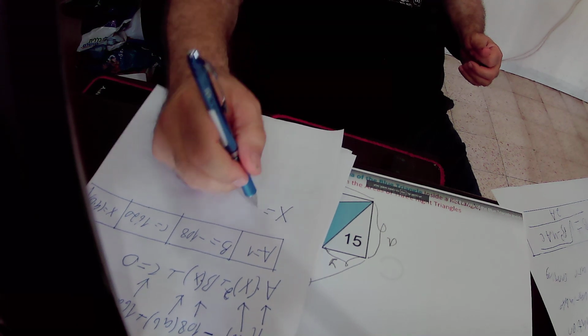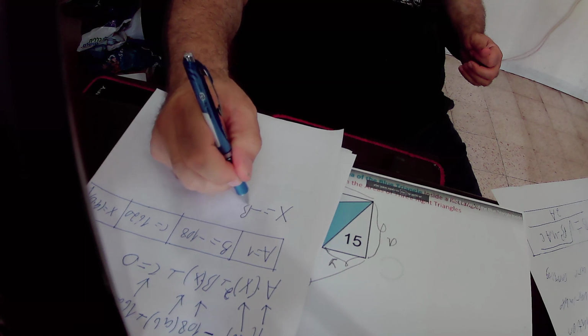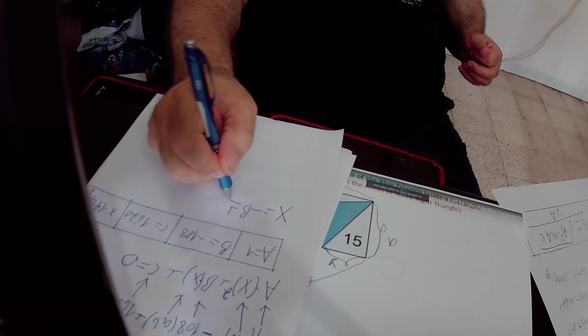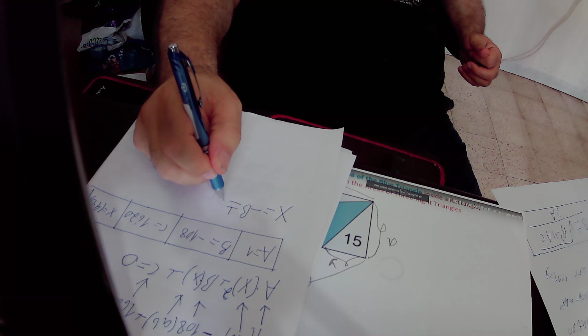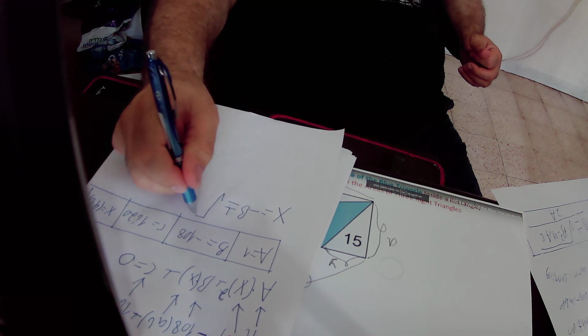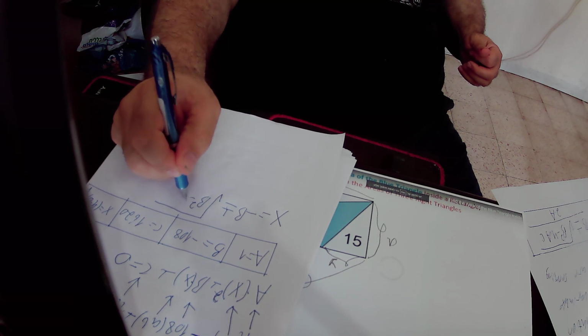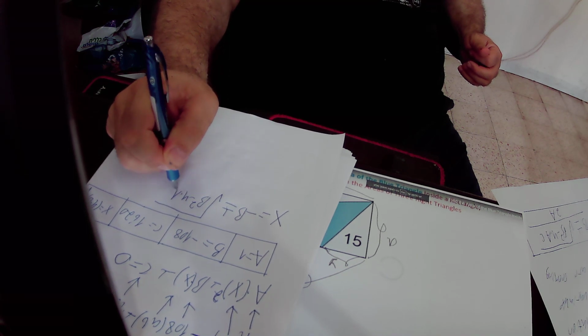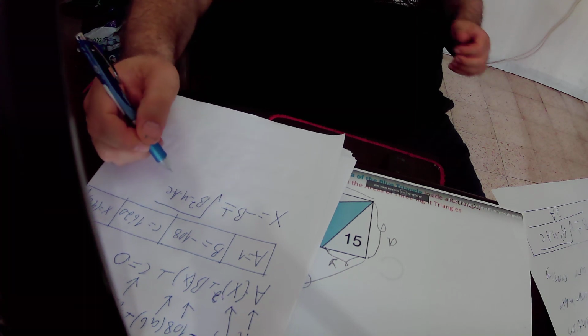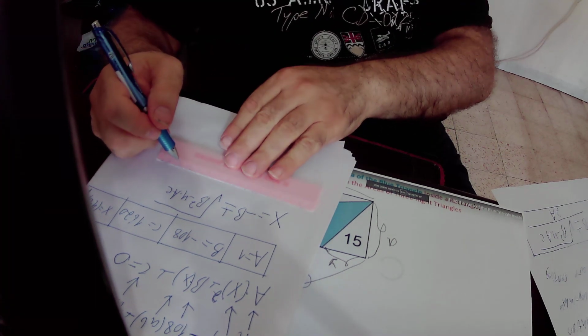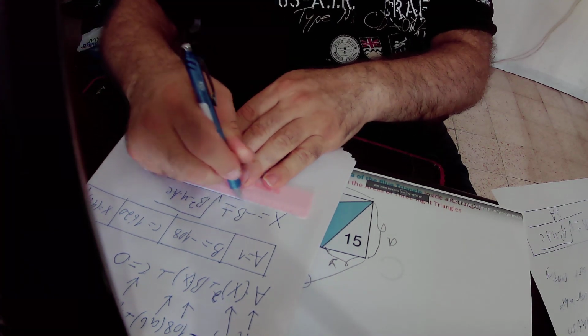x equals minus b plus minus the root of b squared minus 4 times ac, all divided by 2 times a.